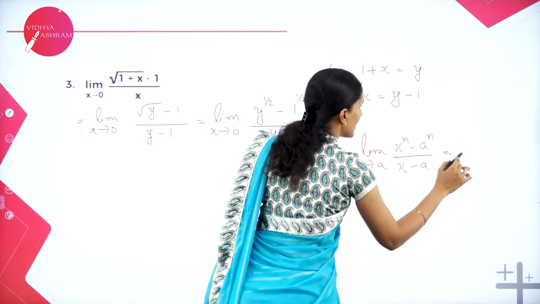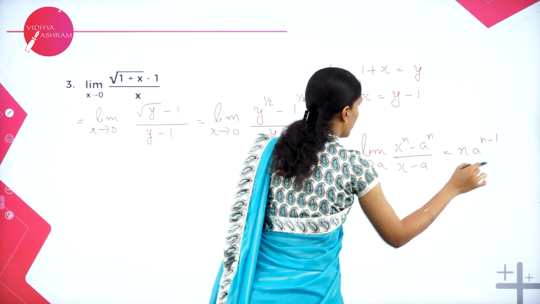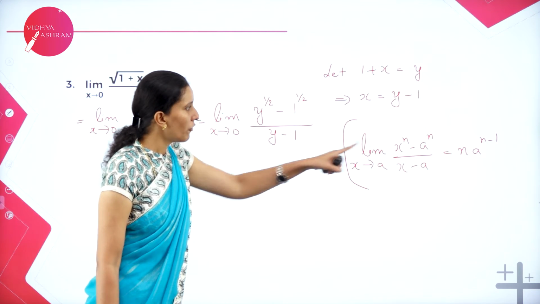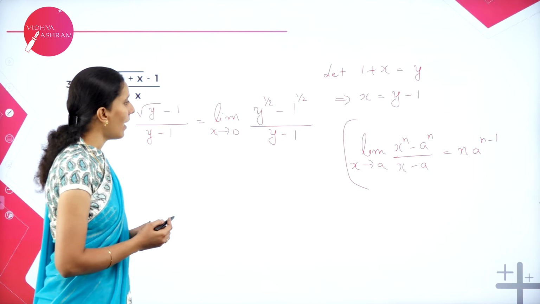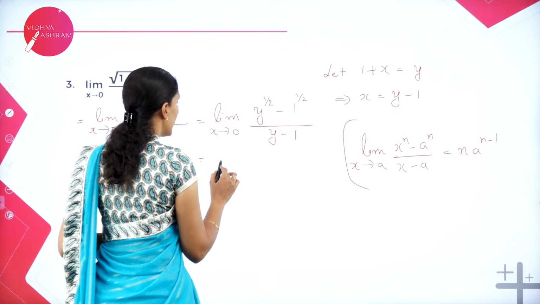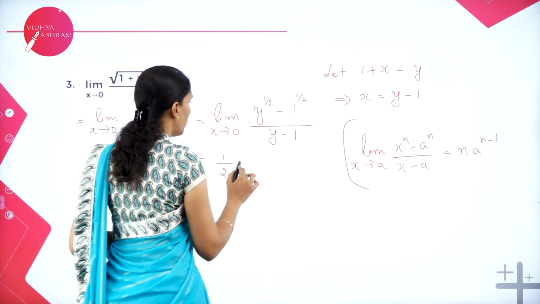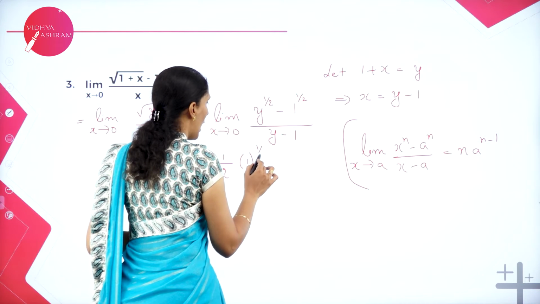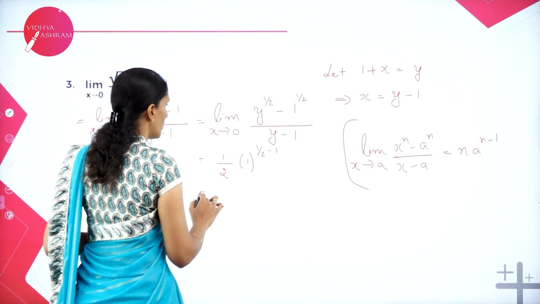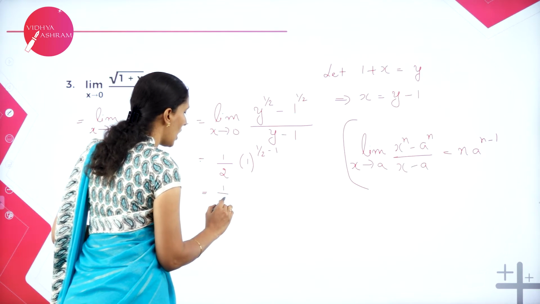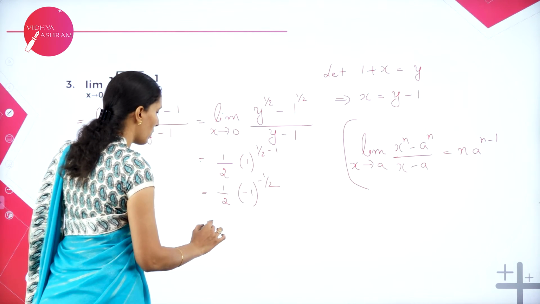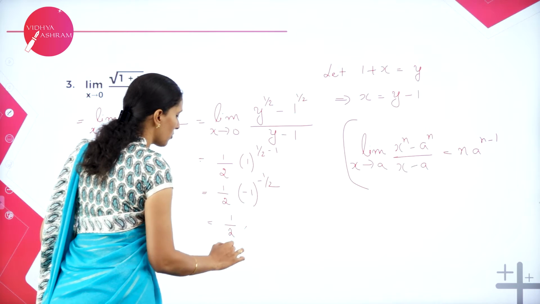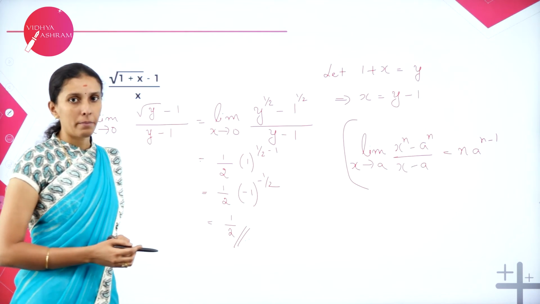This can be written as n into a power n minus 1. Now in the place of n you have half, in the place of a you have 1. So it is half into 1 power half minus 1, which is half into 1 to the power minus half, which is same as 1. So therefore the limit of the function is 1 by 2.